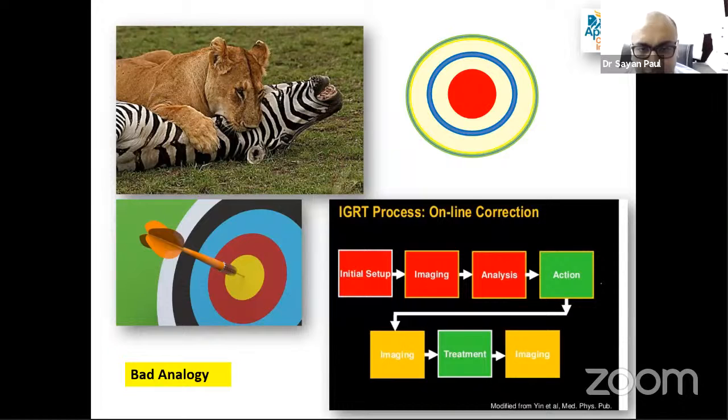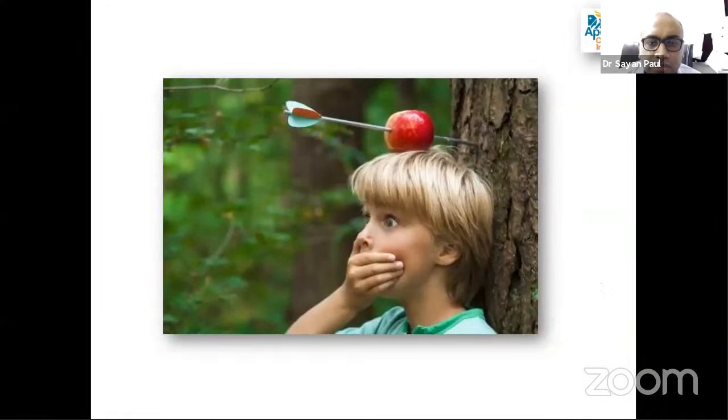And in this process, you can see imaging comes multiple times. Imaging before planning, imaging before starting the treatment, imaging after starting the treatment. So imaging is one of the most important things in radiation delivery.